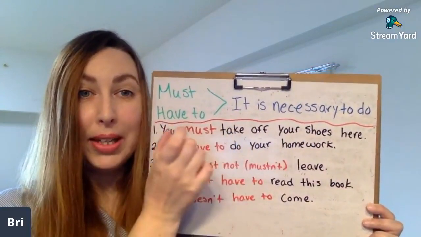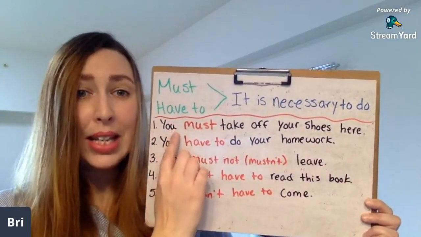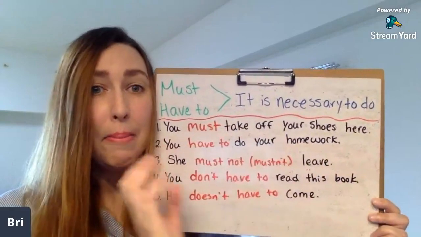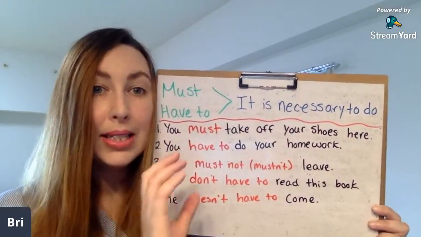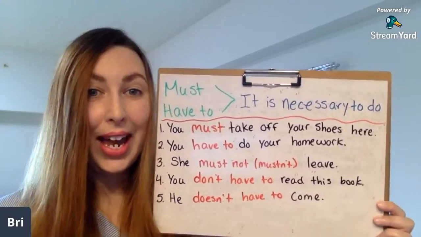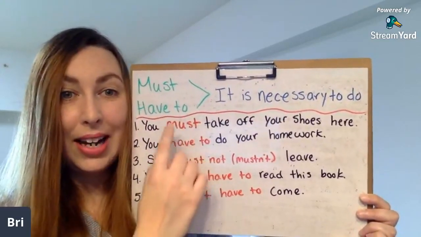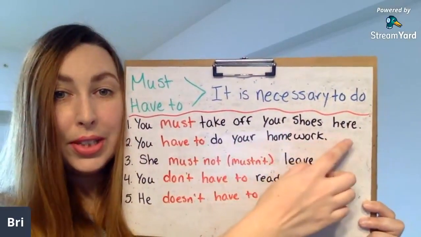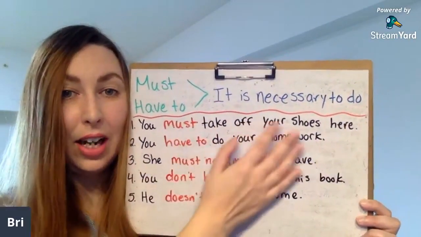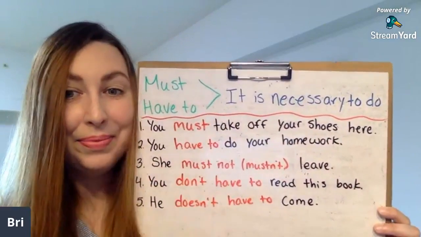Maybe the sign will not be a complete sentence, but must remove shoes, or must not take photos, okay? You're gonna see must on those kinds of signs. But here, you must take off your shoes here, or you have to take off your shoes here, okay?